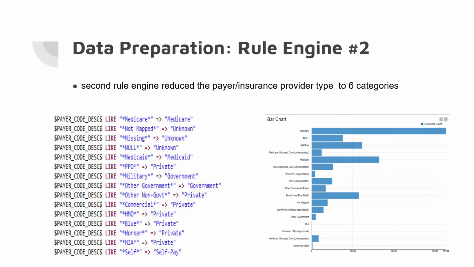So the main change that we applied was we grouped the different private insurance types into one category called private. And then there were several different government types of insurance that we grouped into government, and there were a couple of unknown, not mapped, missing that we grouped into unknown.